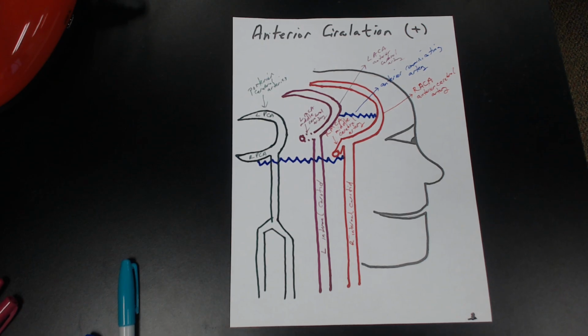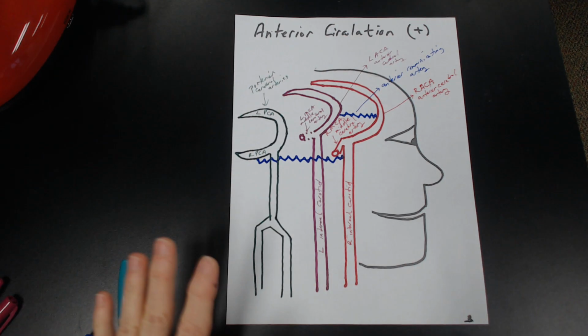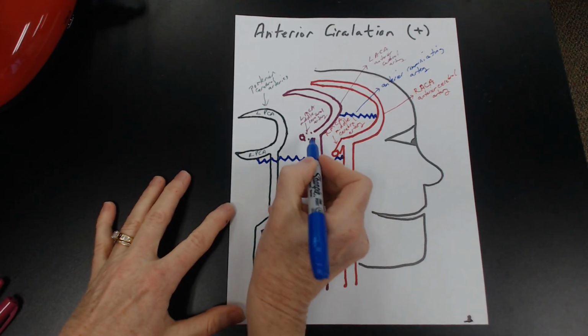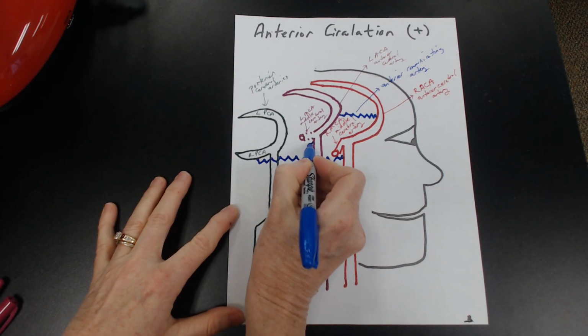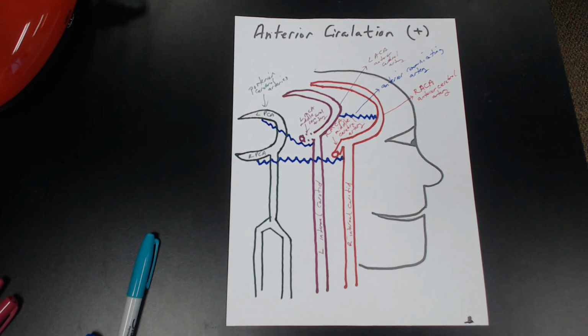So it's just a connecting system. Yes? Does it touch the left internal carotid at all through there? No, so it's three-dimensional. What's going to happen is, you're going to have one coming off the left internal carotid over here that is going to attach to the left PCA.